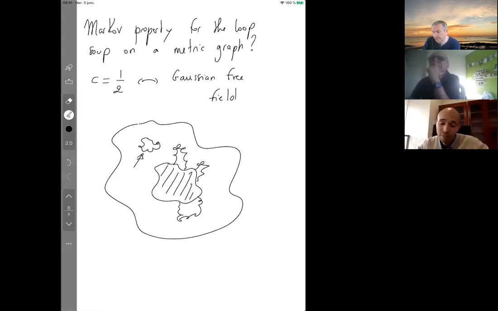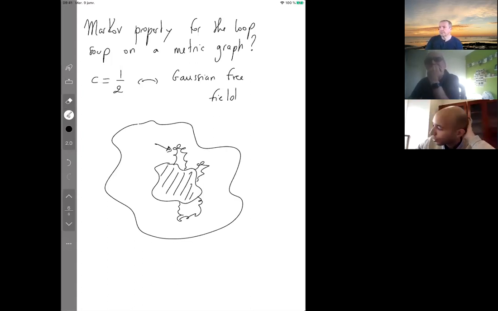That is easy because you have a Poisson point process, so it's just a Poisson point process in the complement of my subset. These loops are not interesting for us actually. What is interesting is the trace of these excursions outside my subset.